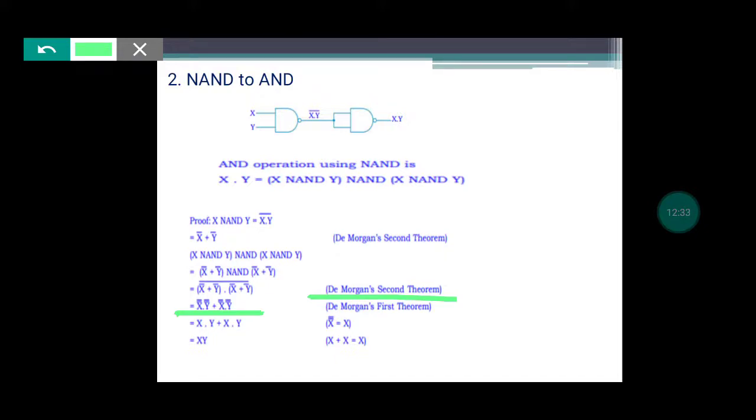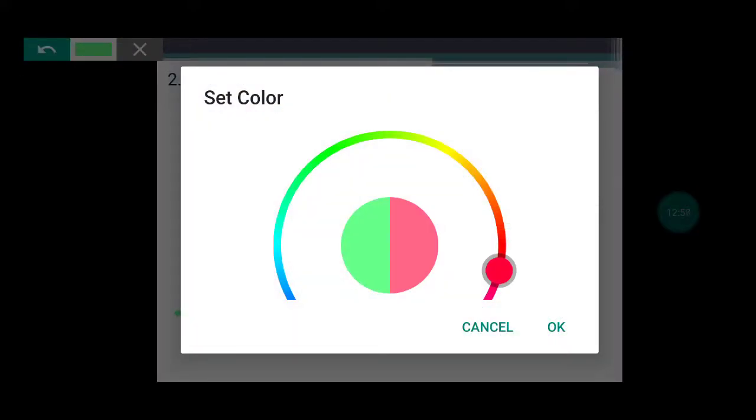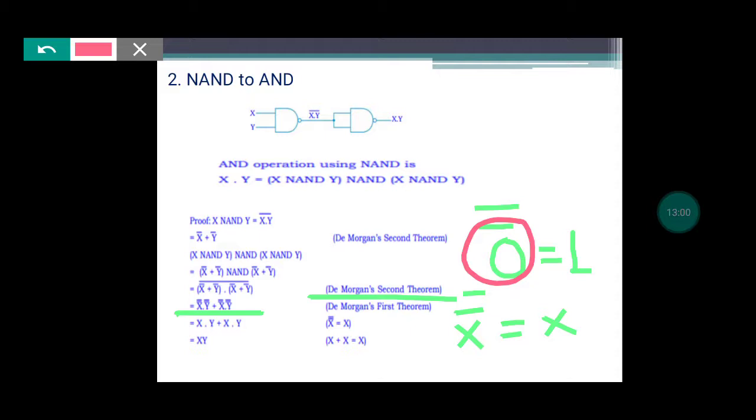Okay, now next step is x bar bar, they have replaced it with X. Okay, how have they replaced it? Now assume that the value of x is 0. 0 bar is how much? It is 1. Okay, 0 bar is 1 only. Yes or no? We have seen 0 bar is 1.